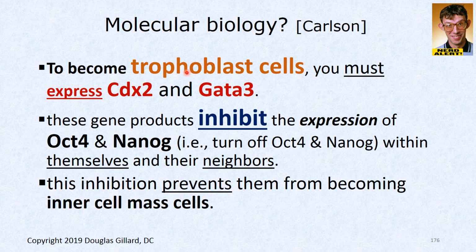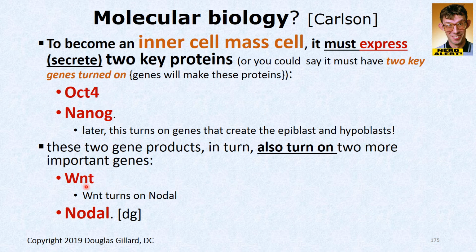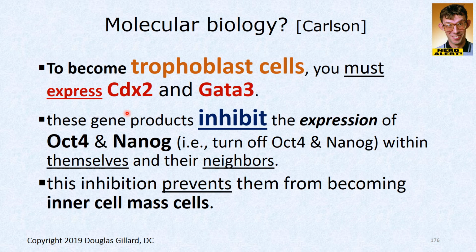What about if you want to become a trophoblast cell? How does that work? Well, to become a trophoblast cell, we can't have Oct4 or Nanog. We can't have any of these functioning. So we need a suppressor gene. We need a gene that's turned on and doesn't let those guys turn on.